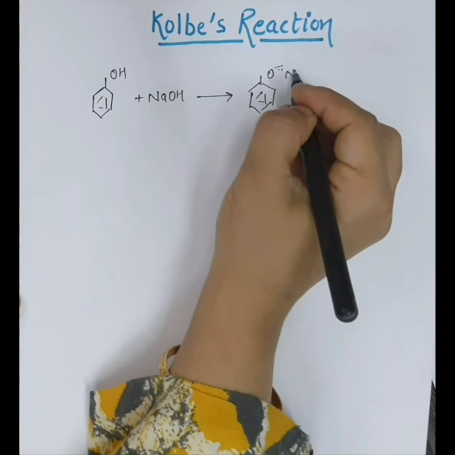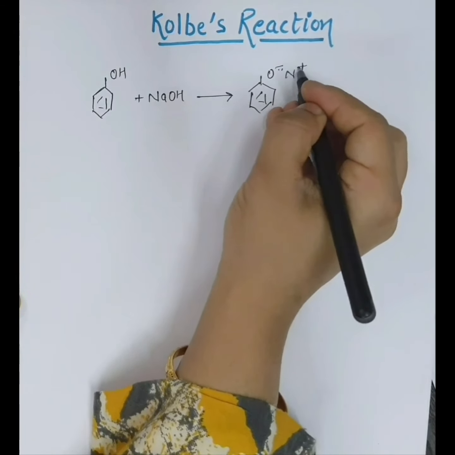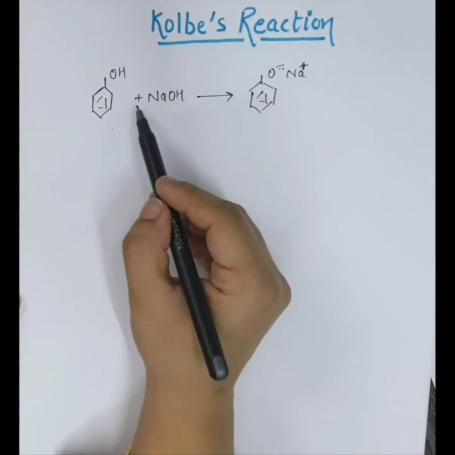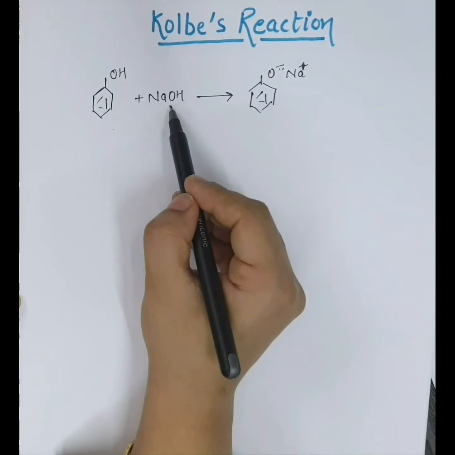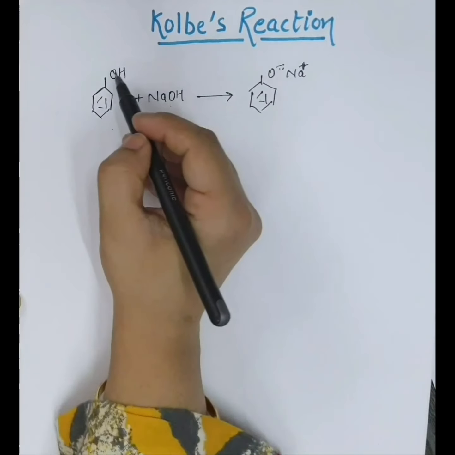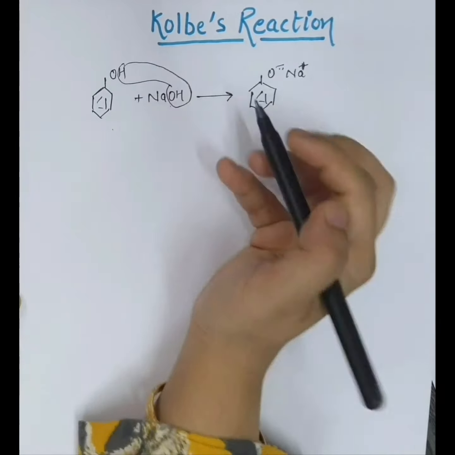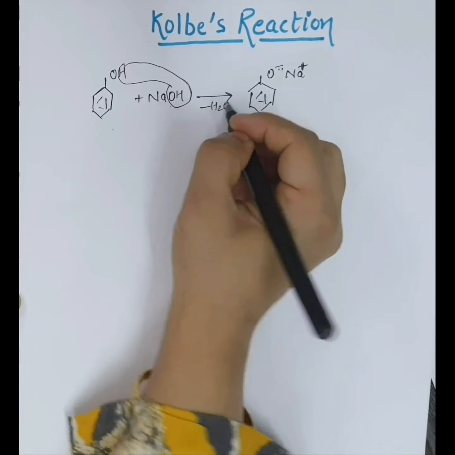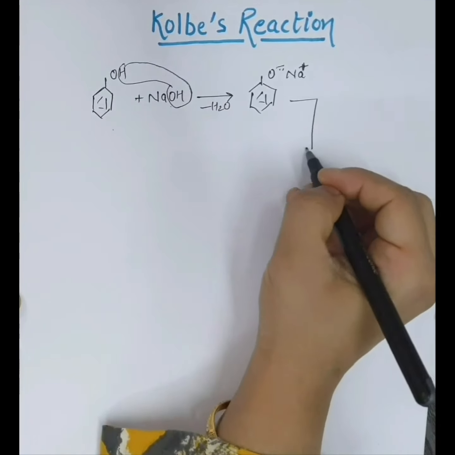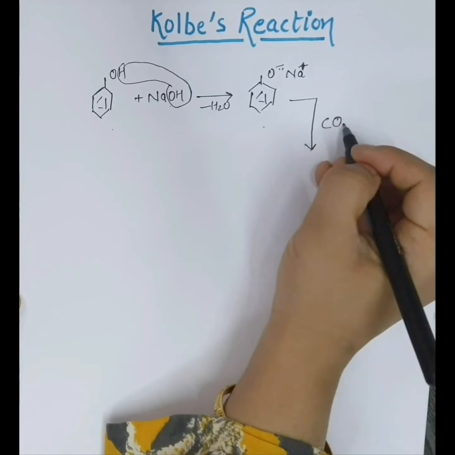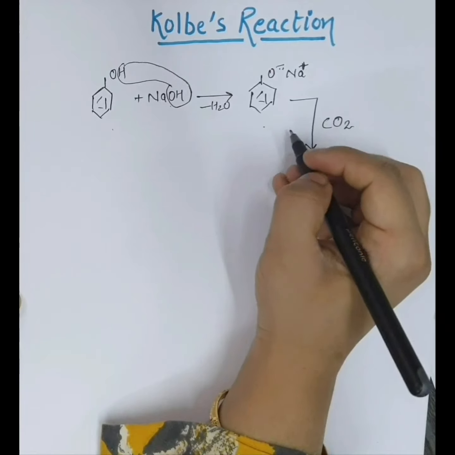Actually sodium phenoxide is more reactive in comparison to the phenol. So the first reaction is between the sodium hydroxide and phenol, and here water is released as a side product.